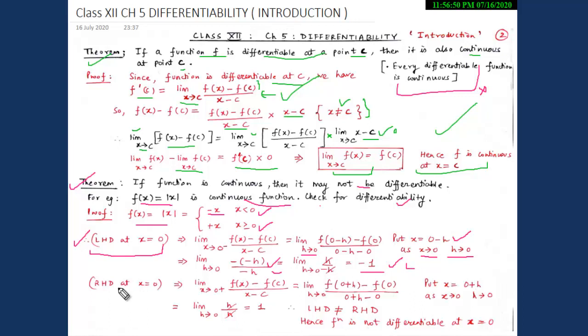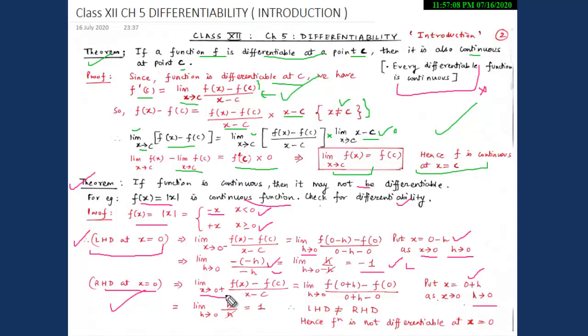And now we will check for the right hand derivative at x = 0. We can write this as limit x tends to 0 plus, (f(x) - f(c)) / (x - c). Here we will put x = 0 + h. As x tends to 0, h approaches 0.